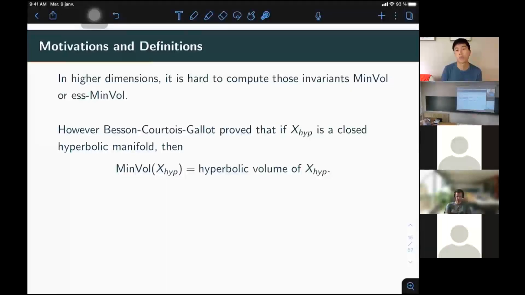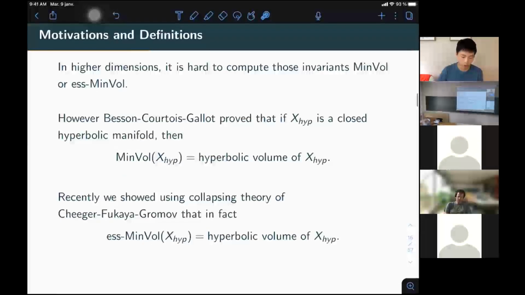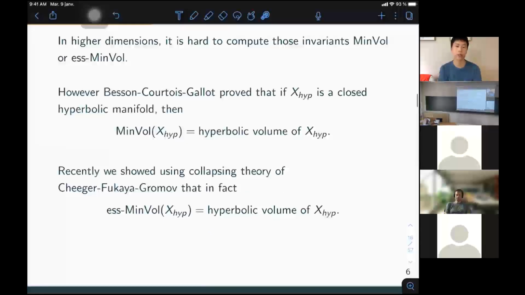It's given by the hyperbolic volume of your hyperbolic manifold. And in fact, it is also true for the essential minimum volume. Using Cheeger, Fukaya, Gromov, you can give what I would call a direct proof of the fact that the essential minimum volume is also equal to the hyperbolic volume of your manifold, of course, if your manifold is hyperbolic.